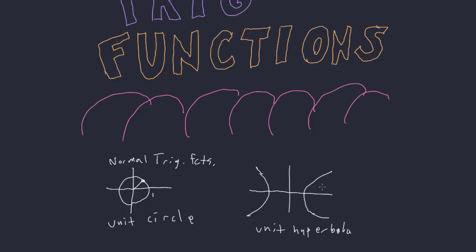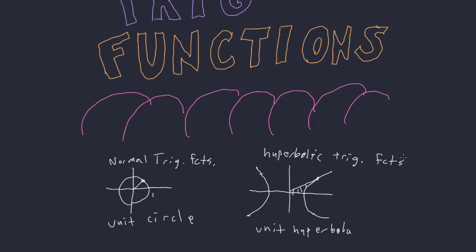And I'm not going to go into huge detail here. It has to do with the area that's made by particular angles and how they intersect the unit hyperbola. That's where the word hyperbolic comes from, because it's based off the unit hyperbola. And the reason they're called trig functions, well, one, we borrow a lot of the same names: sine, cosine, tangent, and all of them, calling them hyperbolic sine, hyperbolic cosine.